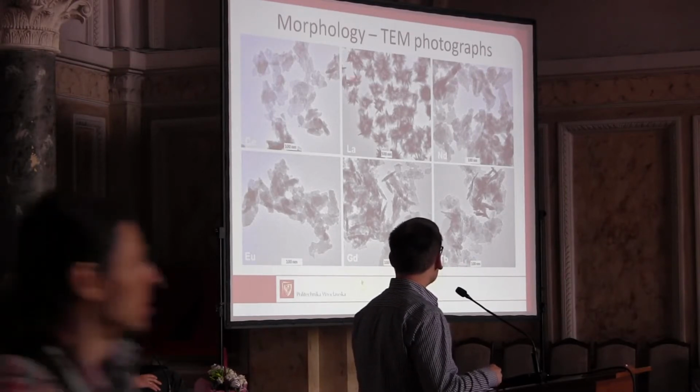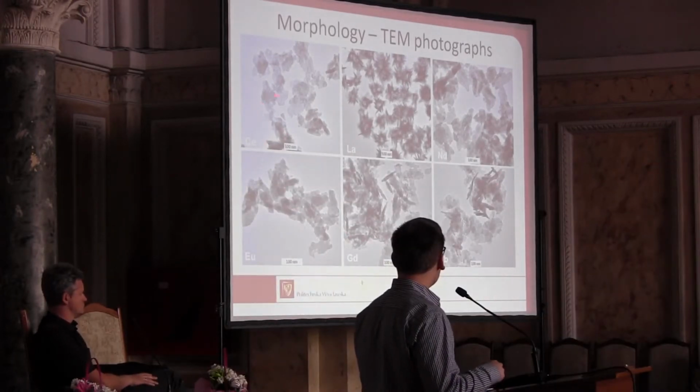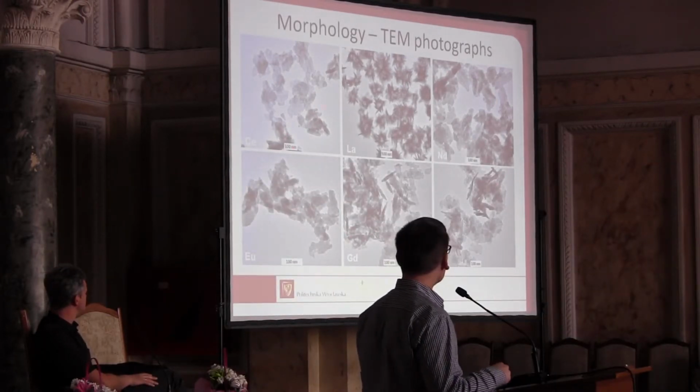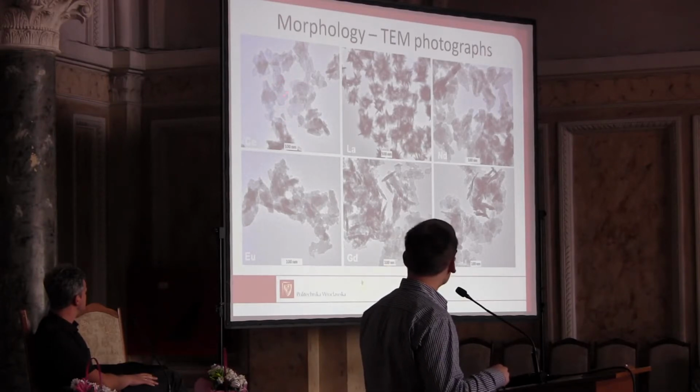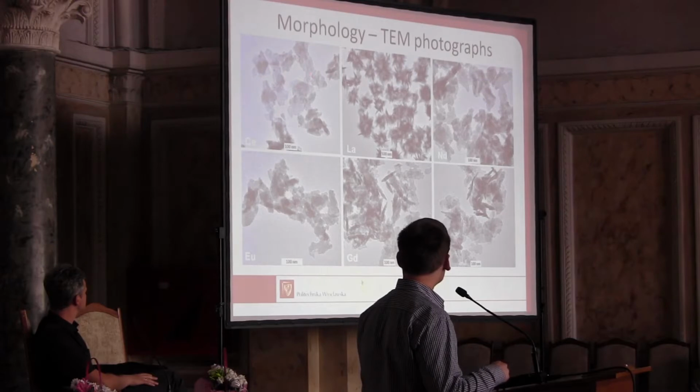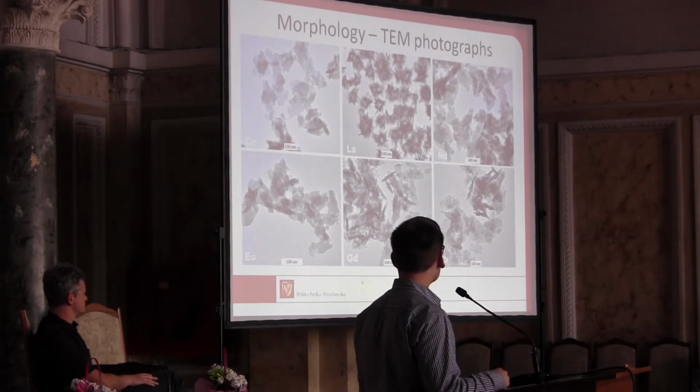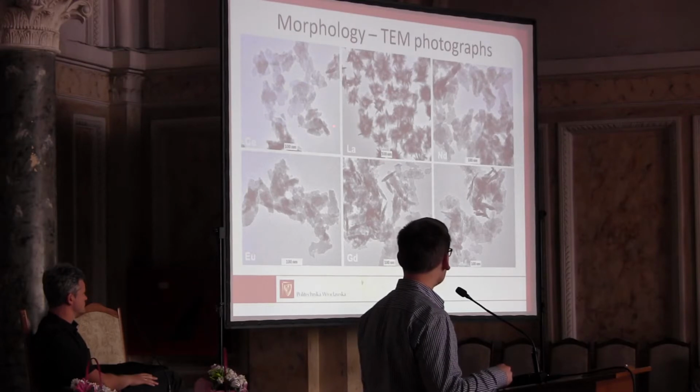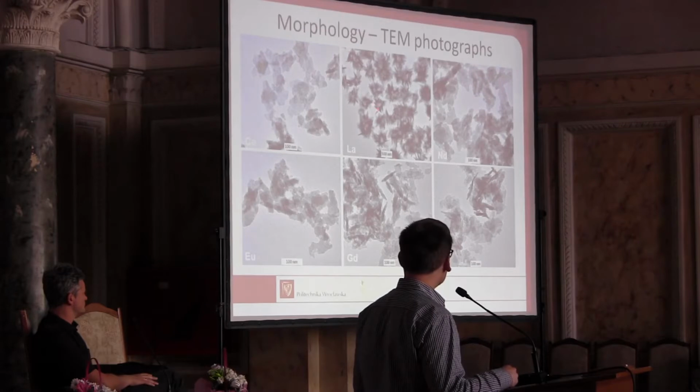We can see that all structures are composed of irregularly shaped flakes with a thickness of about 20 nanometers and a length of about 100 to 200 nanometers, with the exception of the lanthanum analog, which tends to form radial superstructures.